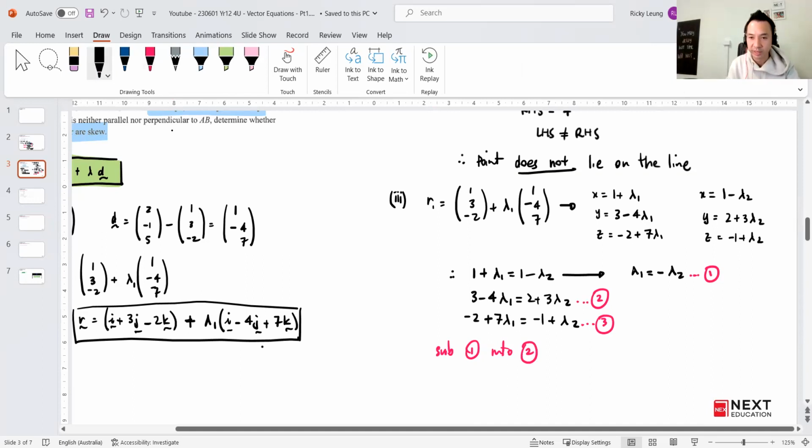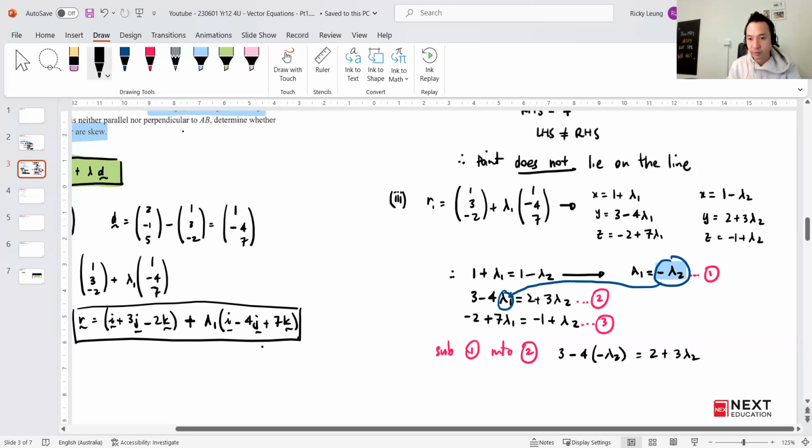Let's sub. I want negative lambda 2, and I want to sub that in where lambda 1 is. So sub that into this guy. Right. So I get 3 minus 4 times negative lambda 2 equals 2 plus 3 lambda 2. What's that? Plus 4.